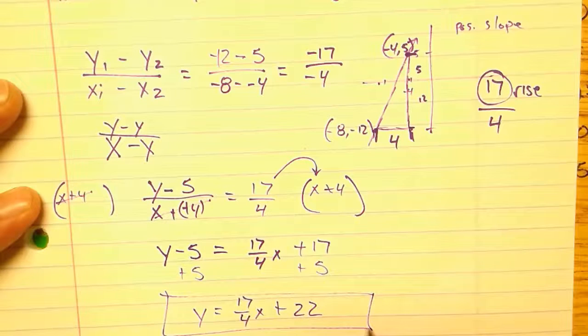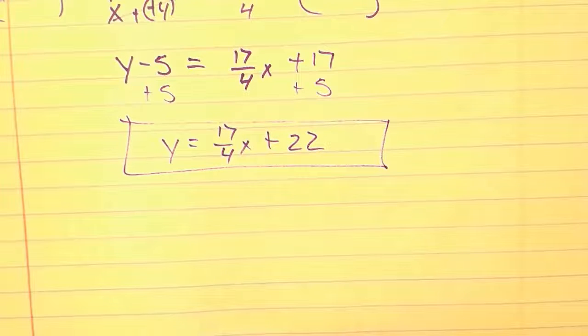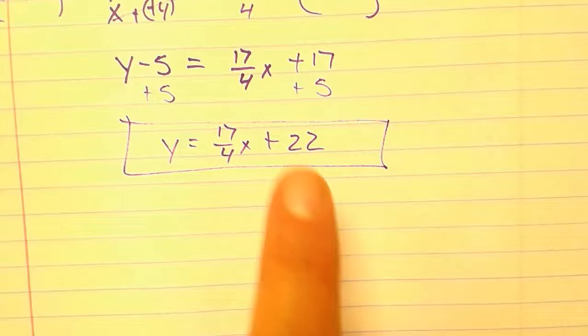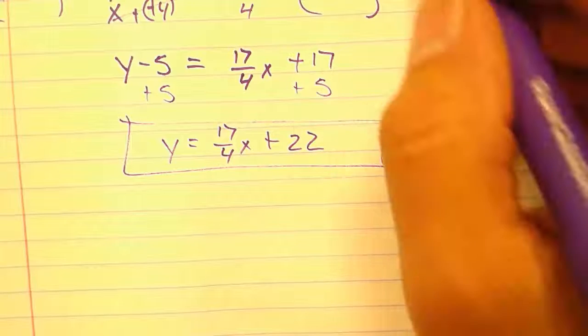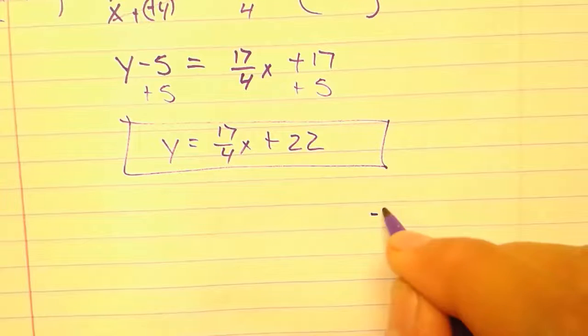One of the cool things with this particular equation is I can take this and type it into Desmos.com, which is a website that lets you use a graphing calculator. But I'm just going to type in some values that I already know are on this line, such as -4, 5.